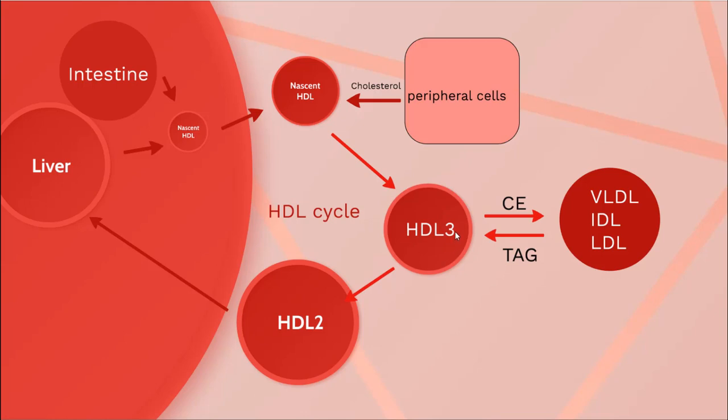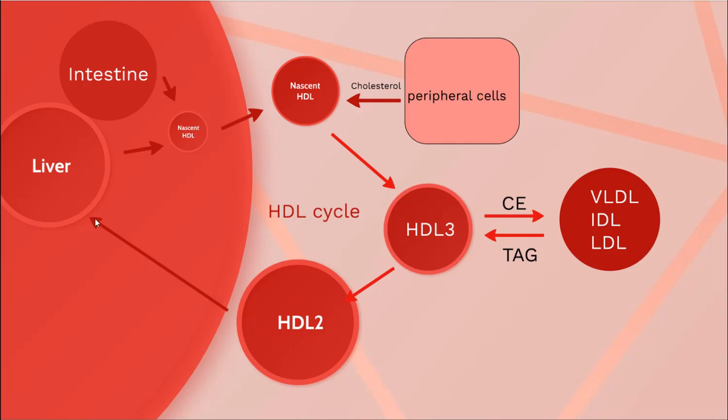Subsequently, HDL3 transfers part of its cholesterol ester to other ApoB containing circulating lipoproteins such as VLDL, IDL, and LDL in exchange for triacylglycerol. After accumulating triacylglycerol, the HDL3 gets even bigger and now it's called HDL2.